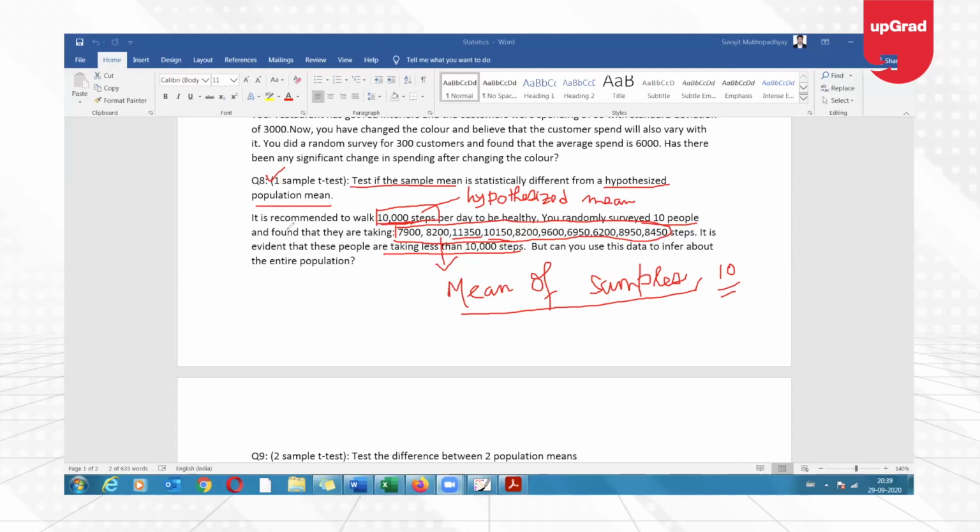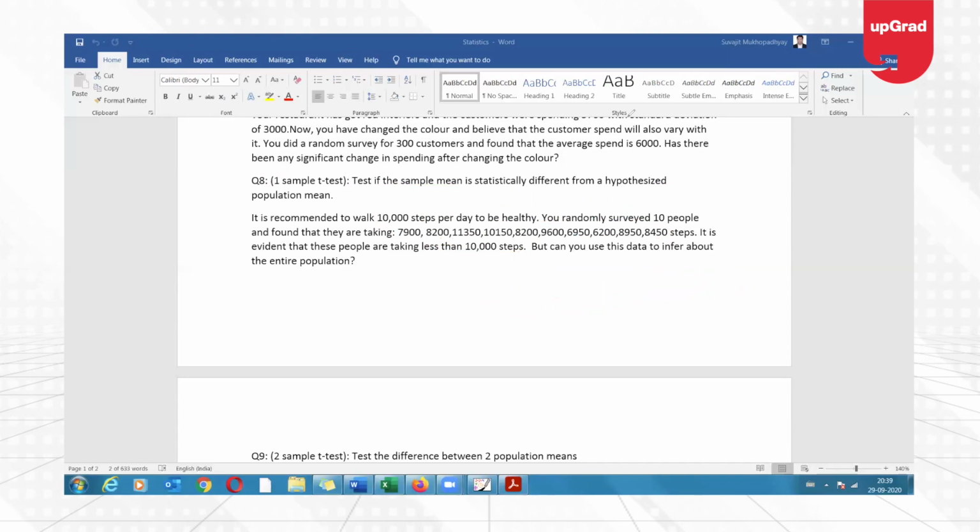So let's try to solve it. But before we try to solve it, one question which might be striking you is that it actually looks very simple. If I have to do a survey, I just need 10 people, which means I can talk to my father, my mother, my sister, a couple of friends, colleagues, neighbors.